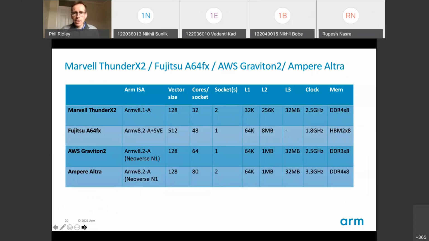Okay, fantastic. Thanks. So yeah, to summarize the processors that I've just been talking about, it just really gives you the specifications in terms of how they're configured, and whether they're available as single socket or dual socket configurations, and the clock speed, L1, L2, L3 sizes, and the vector register size.